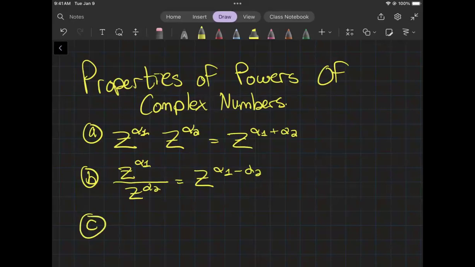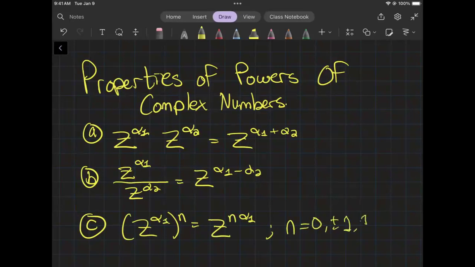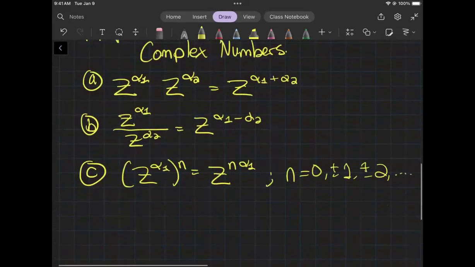And z to the alpha 1 raised to the n power equals z raised to n times alpha 1, where n is 0, plus or minus 1, plus or minus 2, and so on. n is an integer, right?